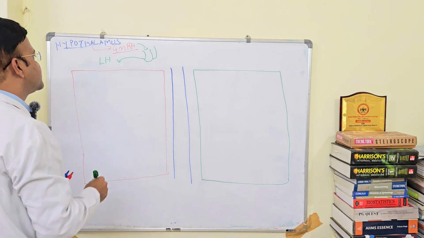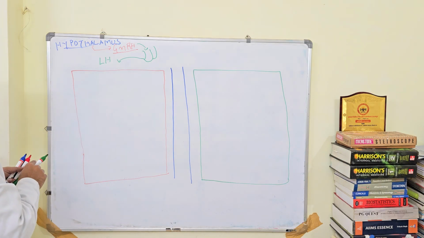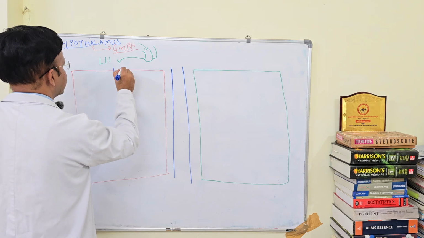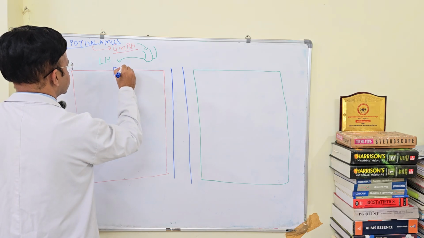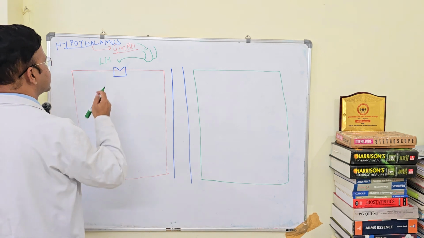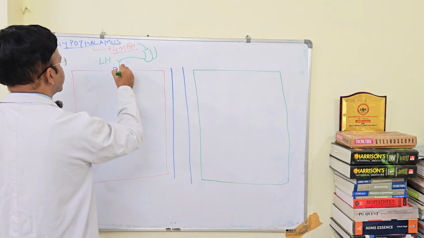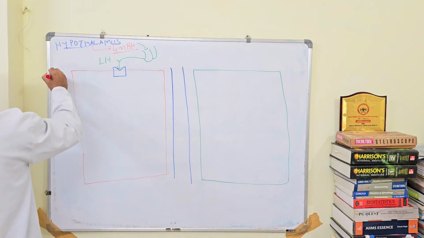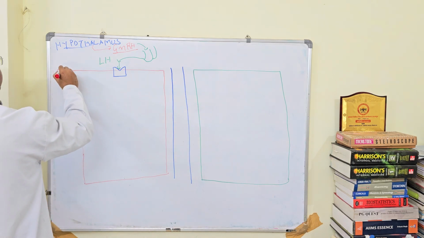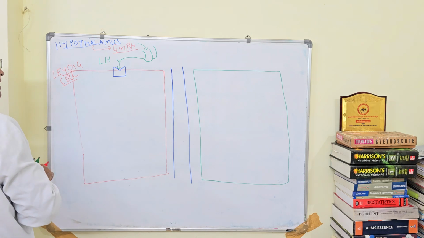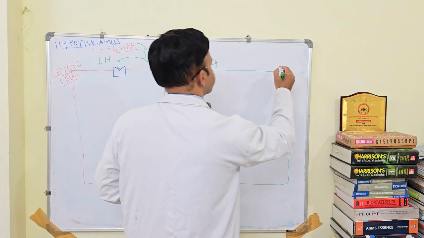This LH is going to act on the Leydig cells, right? We'll draw a receptor for LH, right? This LH will act on the Leydig cells and it is actually a G protein coupled receptor, right? Let's label it Leydig. Okay, let's label it Sertoli.